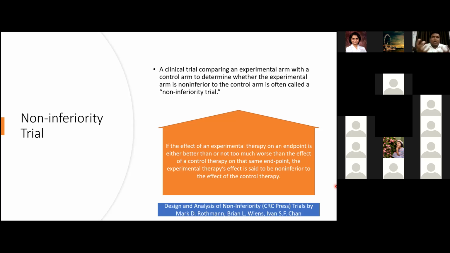Here I'm just discarding the confidence interval principles. Just by observing it, you can tell that this experimental arm is working better. But how about if, instead of 12, the experimental arm reduces the systolic blood pressure by 7 millimeter mercury? Of course, it is lesser than the 8 millimeter mercury from the control arm.